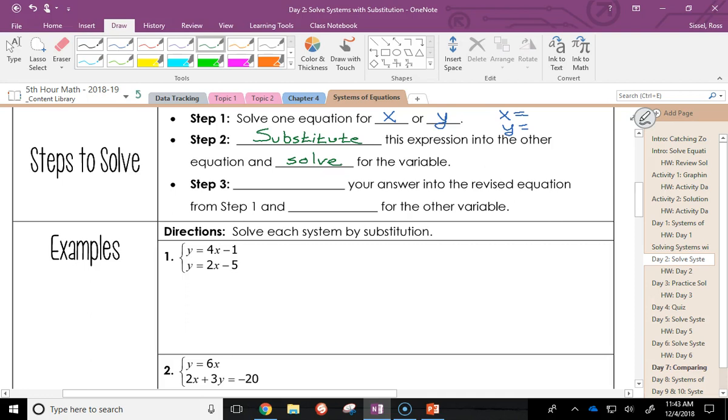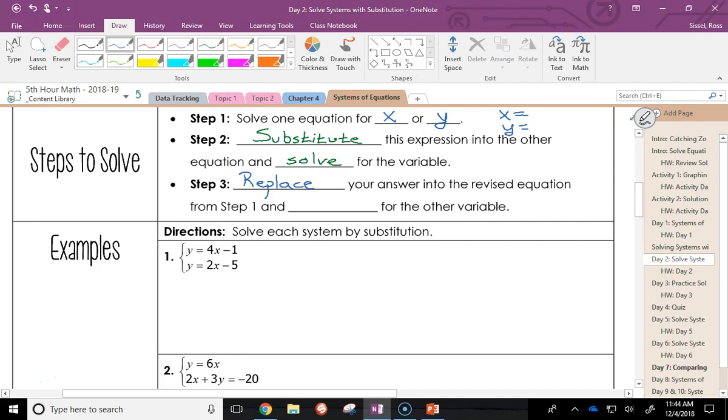After I've done that, and I've solved for the variable y, now I'm going to come back over here and replace or substitute, doesn't really matter, my answer into the revised equation from step 1.